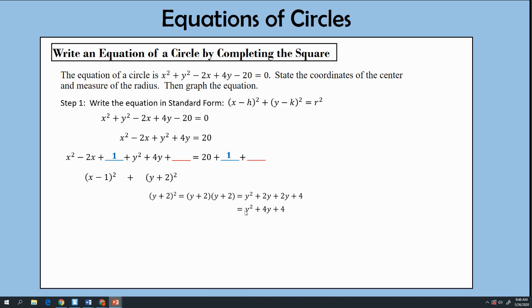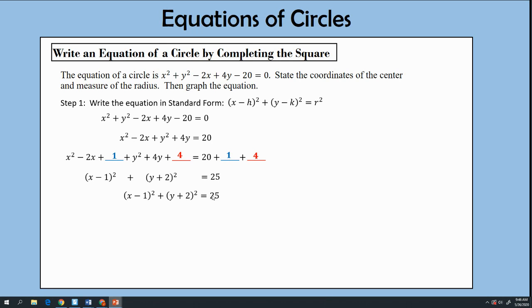Combine like terms. I got y squared plus 4y plus 4. So I need a 4 here, I need a 4 there. So now we've completed the square for the y variables, and my right side becomes 25. Put it all together.